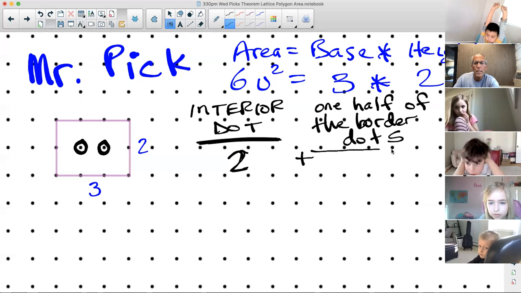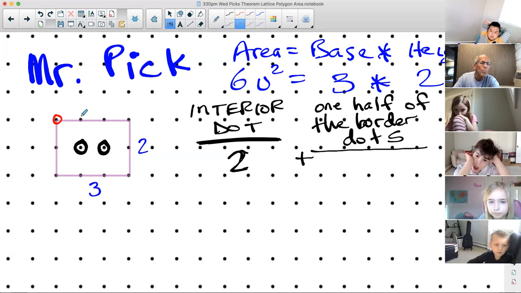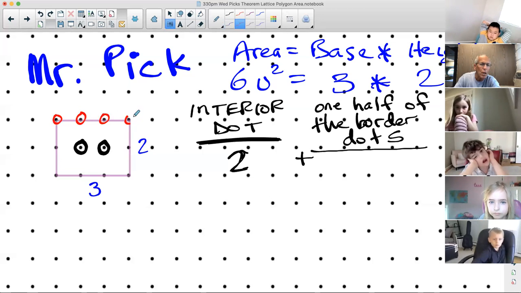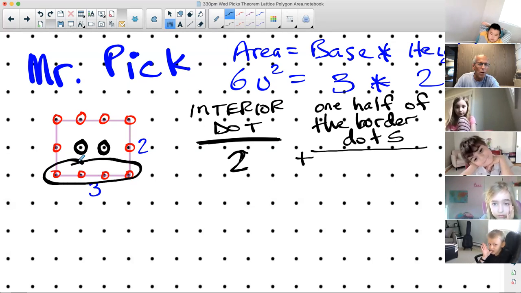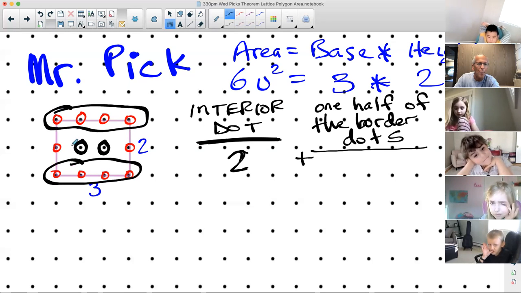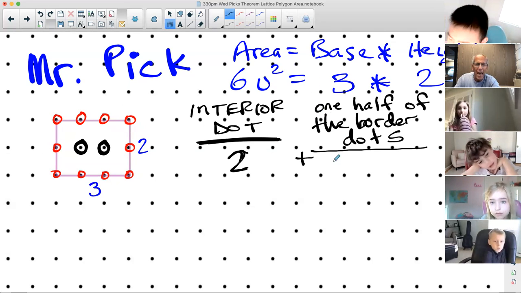Now, who can tell me how many dots are on the perimeter of this rectangle? Well, if you have 4 on the bottom and 4 on top and 2 more, how many do we have? 10. We have 10.